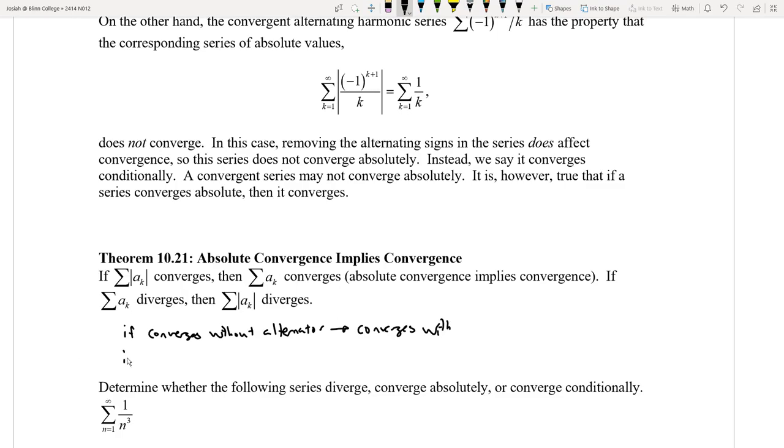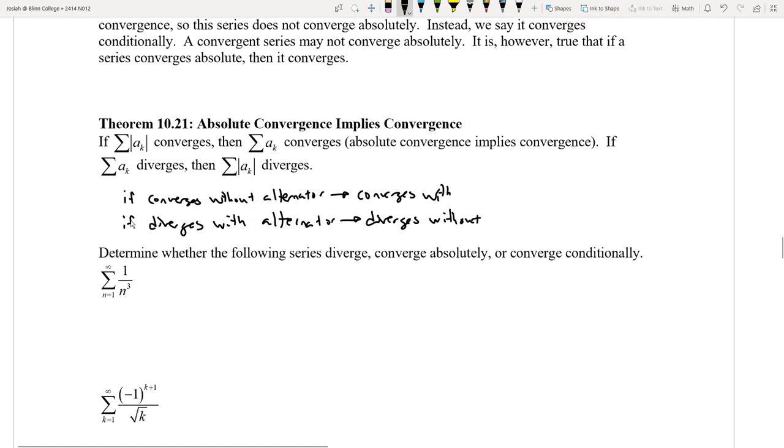If it diverges with the alternator, then it will certainly diverge without. So if even the alternator is not enough to make our series converge, then certainly taking the alternator away will definitely make it diverge.